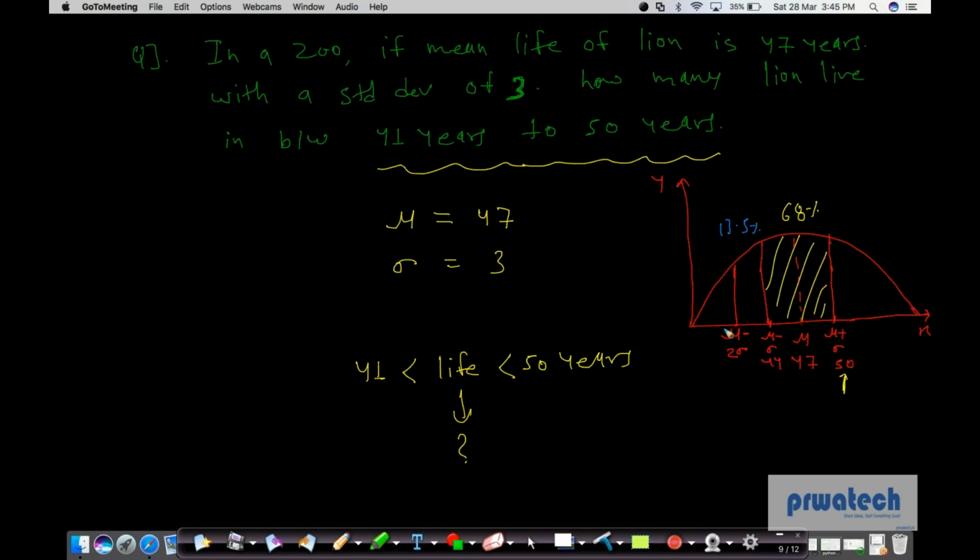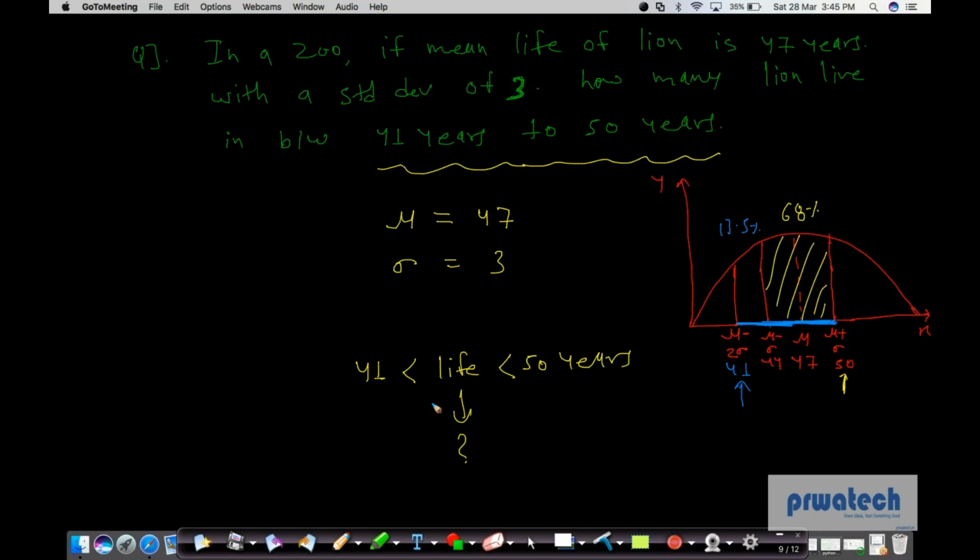And if I subtract 47 minus 6, what do I get? I get 41. And this was my question: how many lions live between 41 years to 50 years?